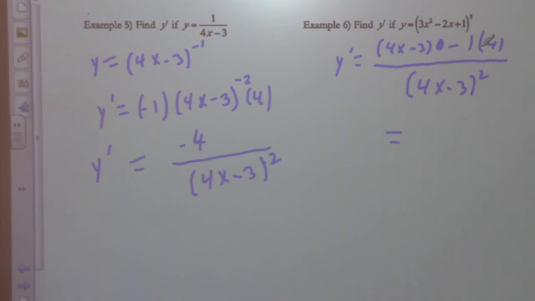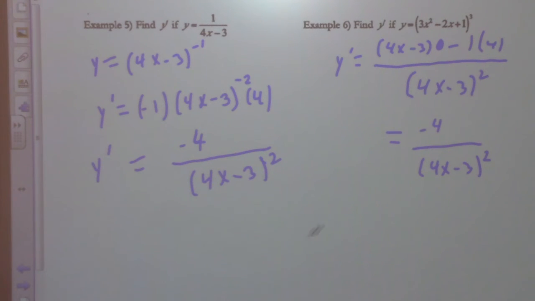And you see what we get here? Negative 4 over (4x - 3) squared. So a different technique, and you can do this as a product rule too. I bet you could.